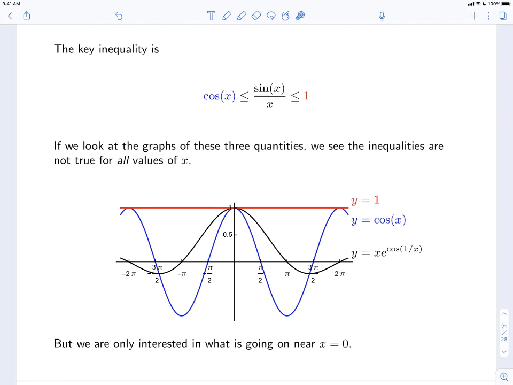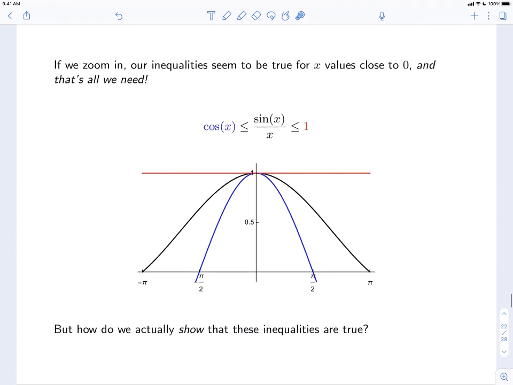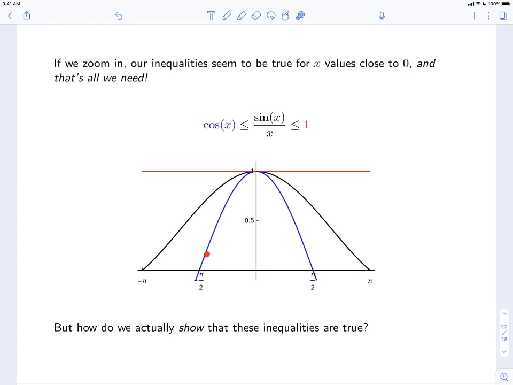If you look at the graphs of these three quantities, you can see that the inequalities aren't true for all values of x, but they are true for x near 0. For x near 0, we have exactly the condition that we need. Let's zoom in a little bit closer. So if we zoom in a little bit closer, you can see that we have cosine of x is this bottom graph, and y equals 1 is this red horizontal line.